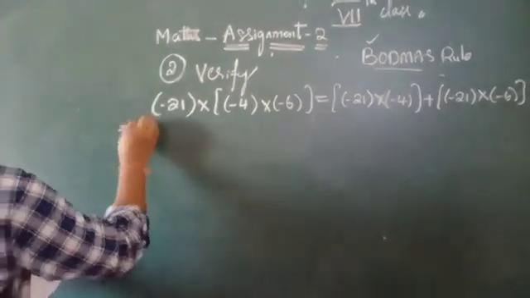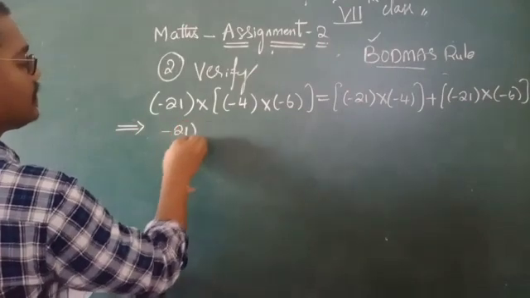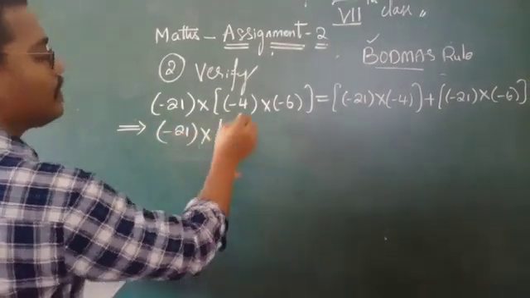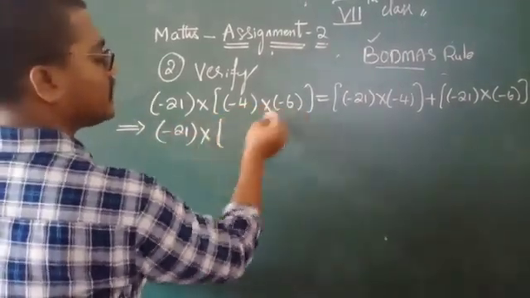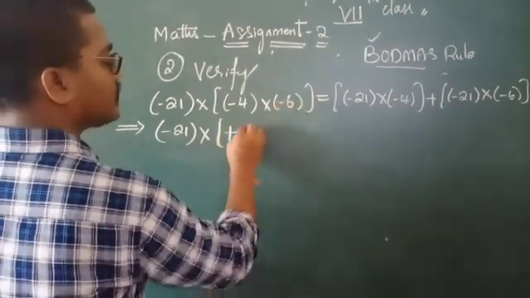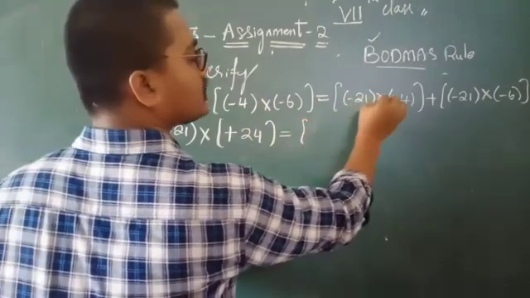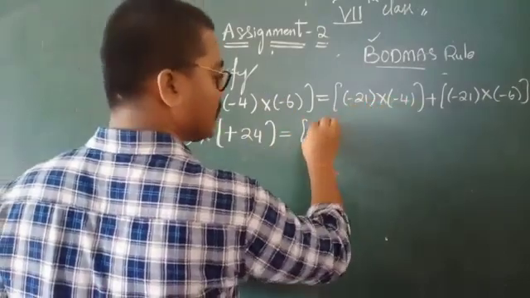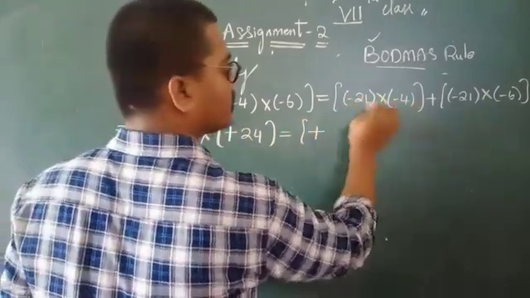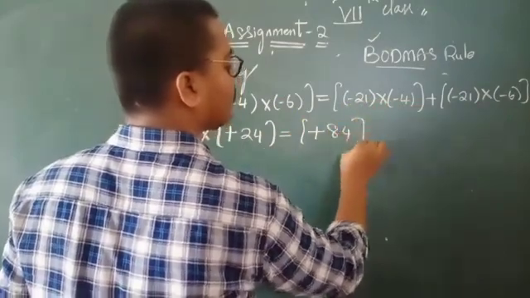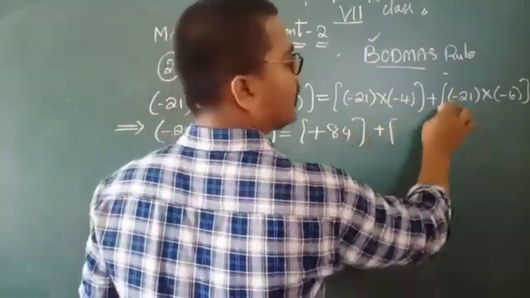So when you take the LHS part, minus 21 into minus, what is minus into minus? It's nothing but plus. 6 4s are 24. So close the bracket is equal to minus into minus. Minus into minus is nothing but plus. 21 4s are, 4 1s are 4, 4 2s are 8, 84 plus of minus into minus.